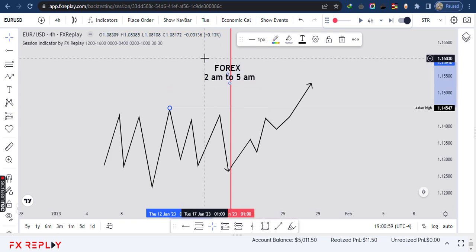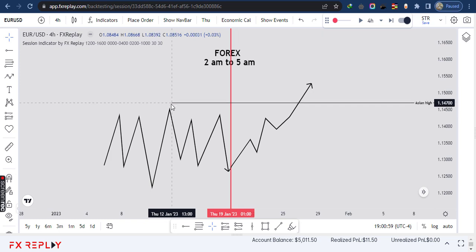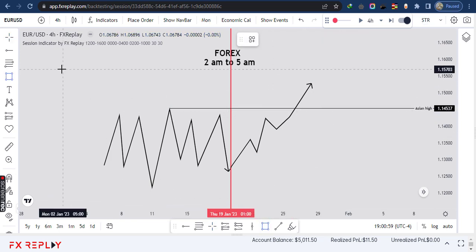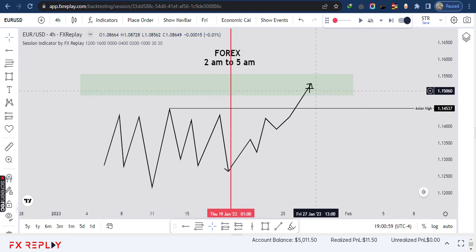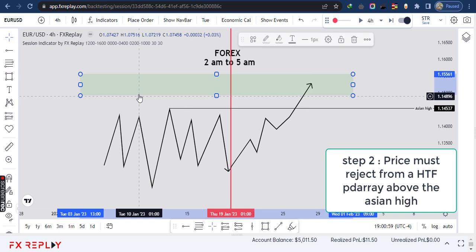When a raid happens, alright guys, you want to see a higher time frame PD array. You want to see price reject from a higher time frame PD array.